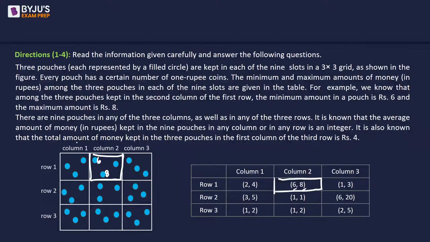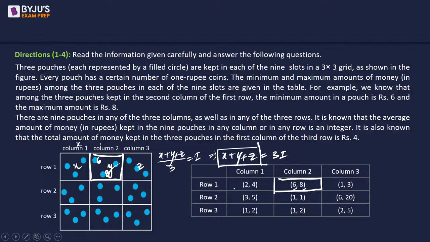If I have X amount here, Y amount here, and Z amount here, then (X plus Y plus Z) by 3 should be an integer. That tells us that X plus Y plus Z should be 3 times an integer. That means the total amount in every row and every column should be in the table of 3.